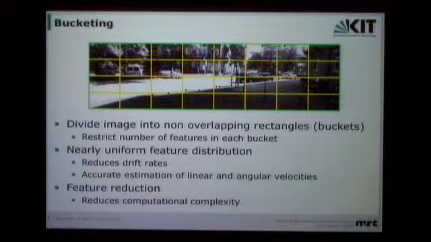To assure both of these points, we have used a bucketing scheme, which simply means that we partition the image into non-overlapping regions like it is depicted here, and for each such bucket we only allow a certain maximum number of features to be used in the upcoming processing steps. You can see that we have just thrown out these blue points here and have retained only the red ones. And as I said, this also, of course, reduces computational complexity if not all the points that have been found are used.